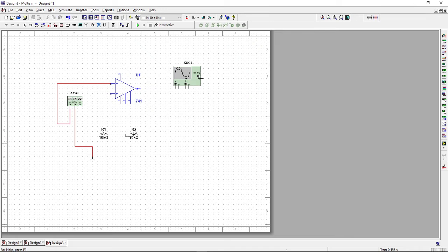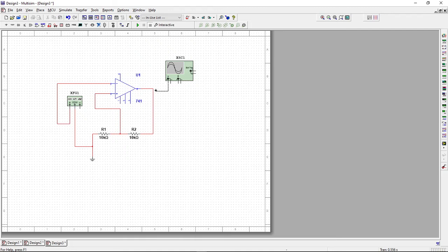One terminal of the resistor is connected to the output of the op amp for positive feedback, and the other terminal of the resistor is grounded. The non-inverting terminal is connected in between the resistors, and the output is taken at the sixth terminal.